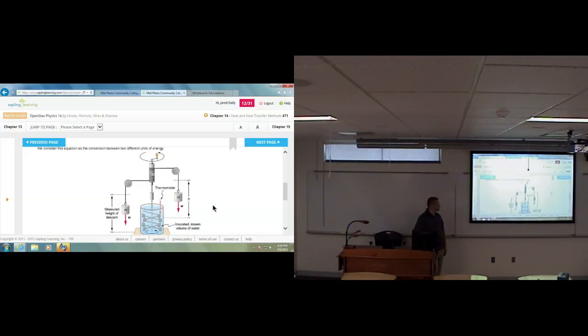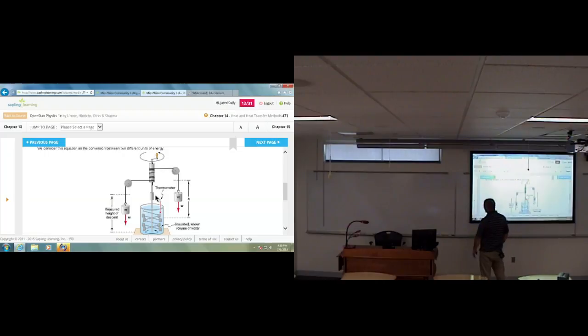But in any case, what happens is that you're putting energy into the system that you can measure by the height that these masses fall. And so you know the change in potential energy of the system. It went from these masses being at a certain height to them being at a lower height. And then that energy was turned into kinetic energy in the paddles inside the liquid.